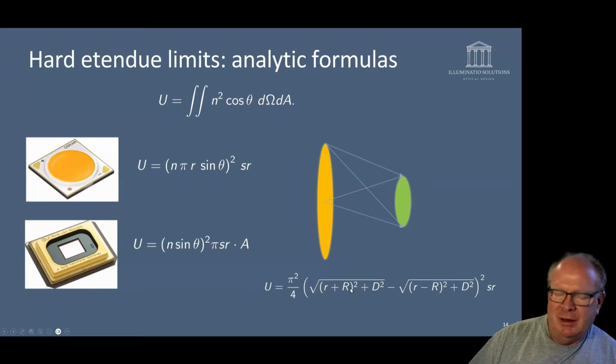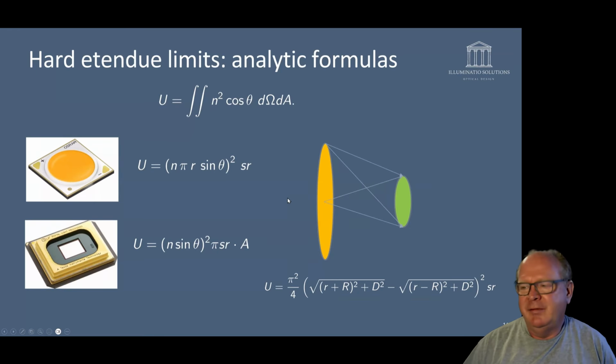This originates from the 60s and comes from the thermal radiation field. And this describes the étendue of two rotationally symmetric disks facing each other. Okay, so far, wonderful simple cases, and we can calculate everything.